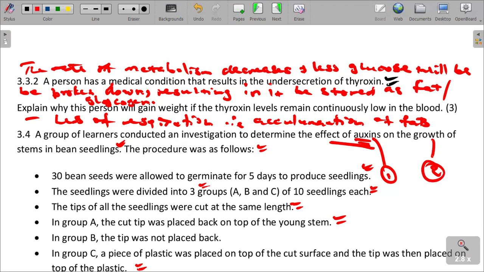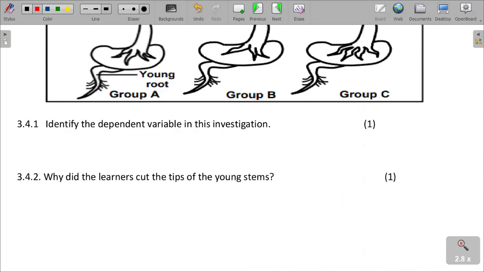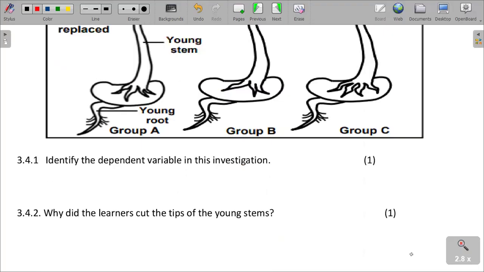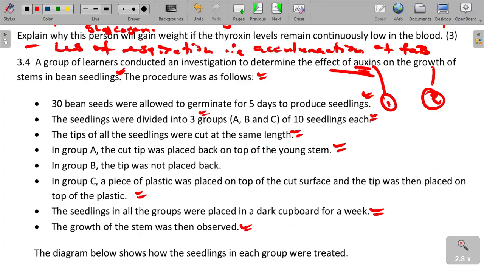So the question is saying identify the dependent variable in this investigation. Whenever you are given this question, you are able to derive the dependent and independent variable from the two variables in question, where an investigation was done to determine what and what. So the effects of auxins on the growth of stems.